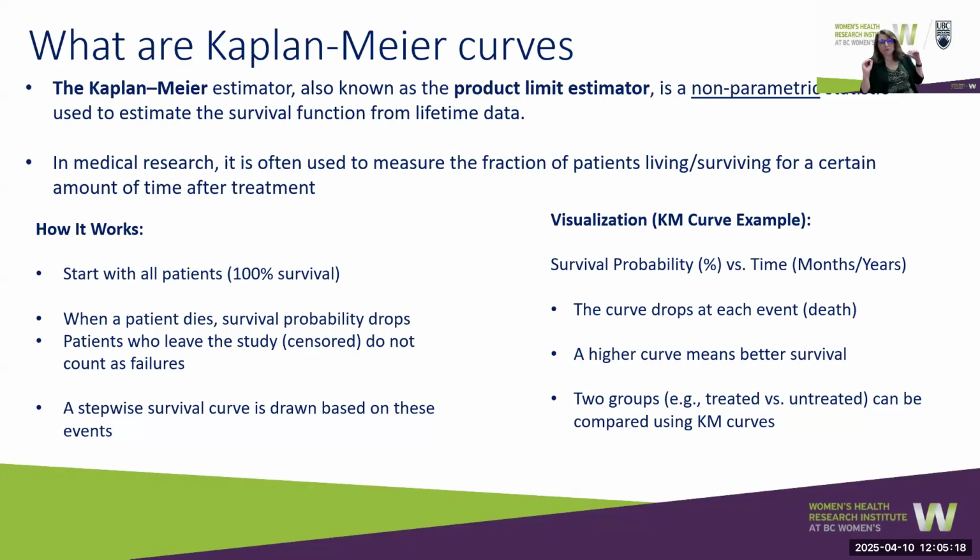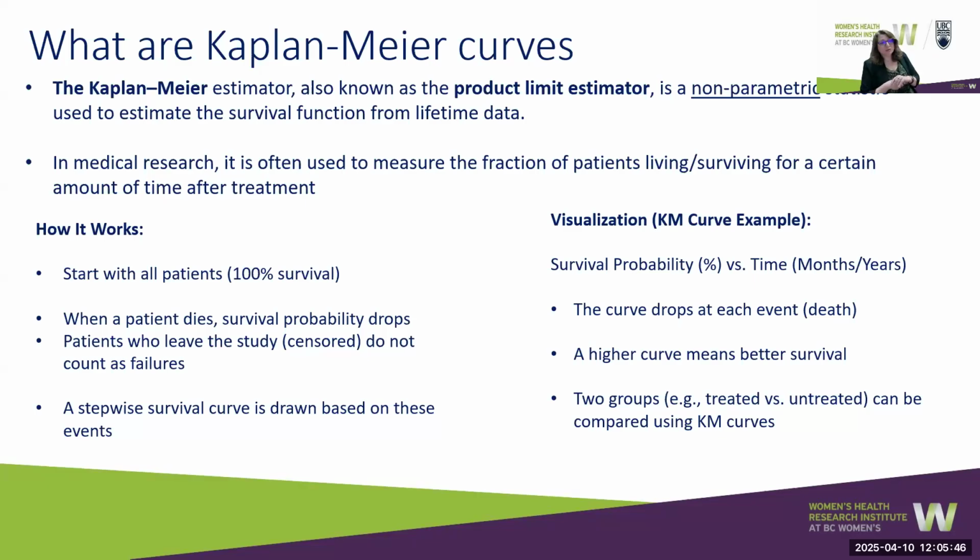So we're talking about survival analysis. We start with a probability of 100, meaning everyone is alive, everyone survived at time point 0, and when a patient dies, the probability drops. Because now in total we have fewer people, and some people left the study because the outcome happened, in this case death.